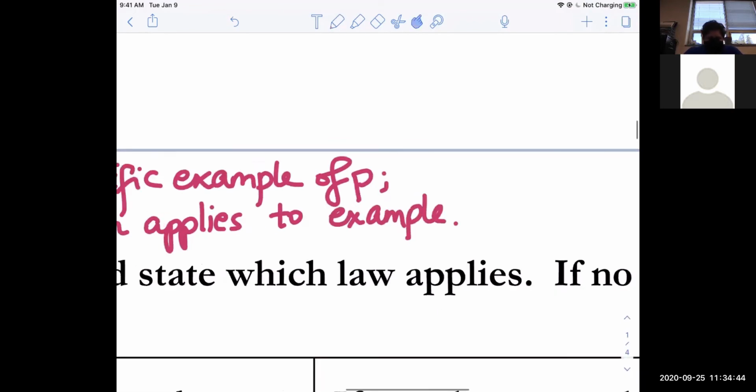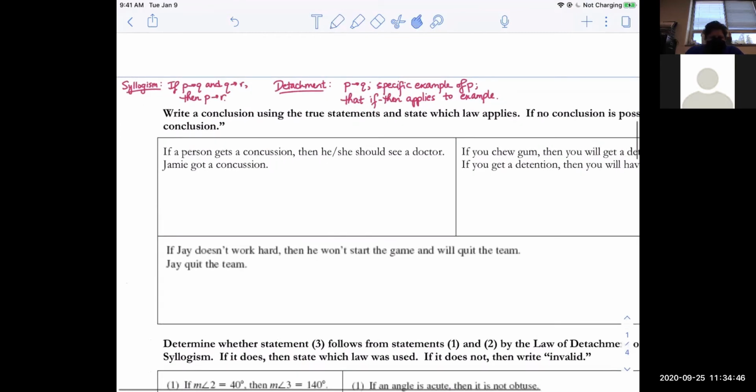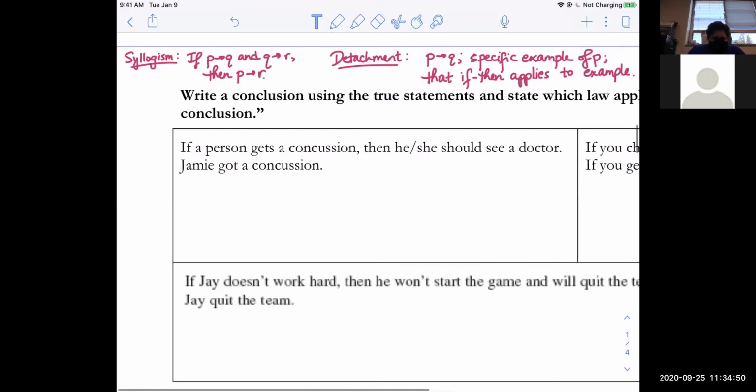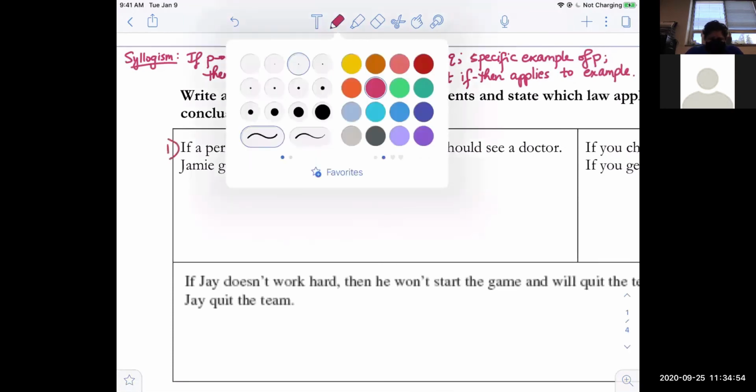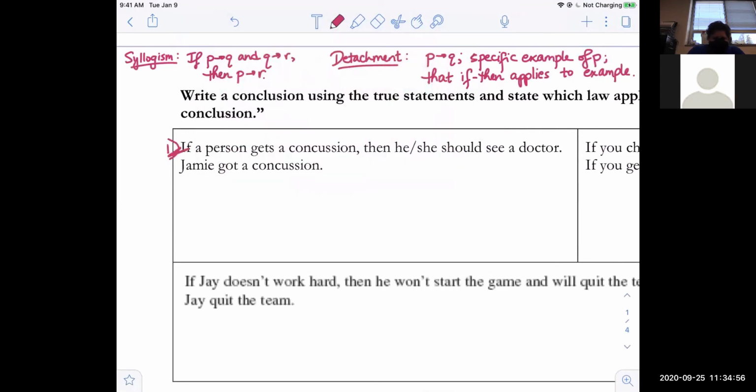All right, let's look at a few examples here. If a person gets a concussion, then he or she should see a doctor. I want you to think of these like three sentences. I think that's the easiest way to work your way through this. Sentence 1, if a person gets a concussion, then he or she should see a doctor. Sentence 2, Jamie got a concussion. What do you think the conclusion would be, and which law is it?